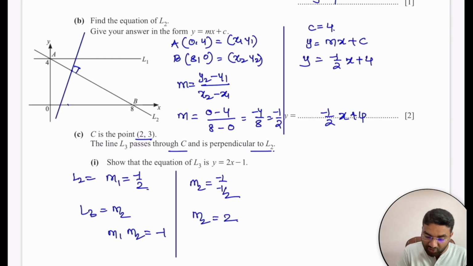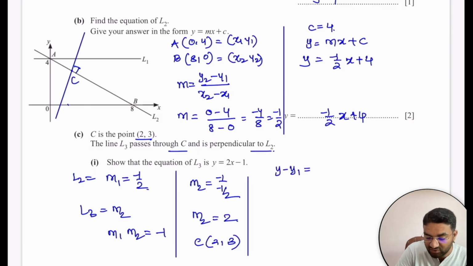That's it. You know the point C, which is (2,3), lies on the L3 line, isn't it? See this point here. So with this point C and the gradient, you can easily find the equation of a line: y minus y1 is equal to m times x minus x1.